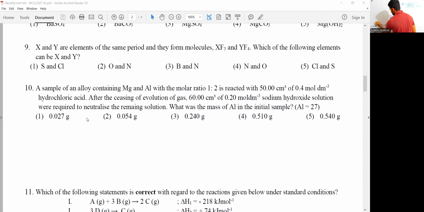It's a good question. The remaining volume of certain gas, 60 cubic centimeters of 0.2 sodium hydroxide was required to neutralize the remaining solution. They're asking what is the mass of aluminium in this sample.